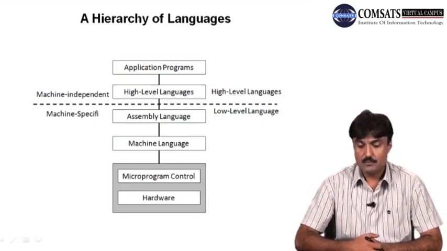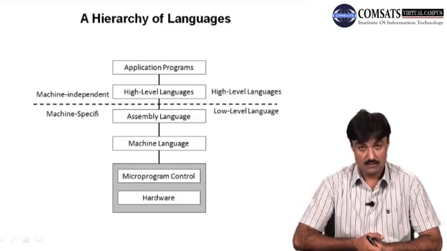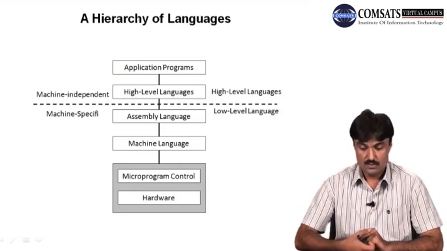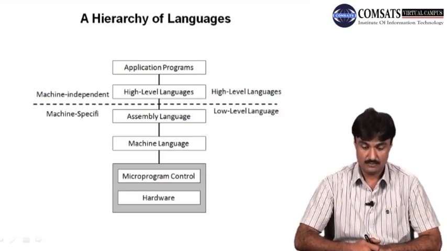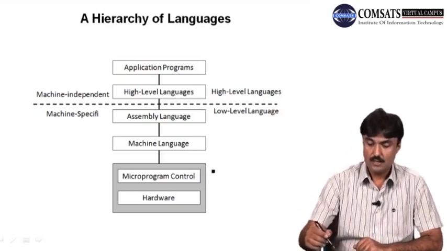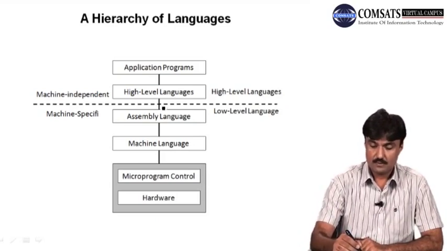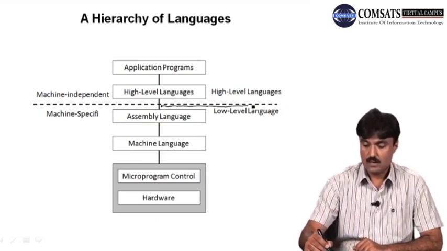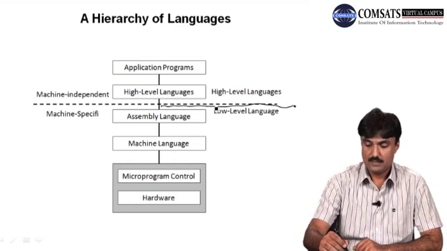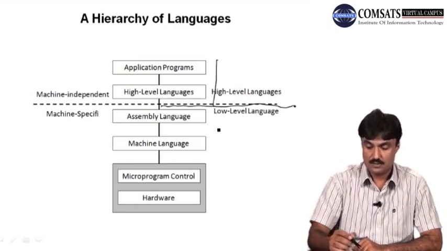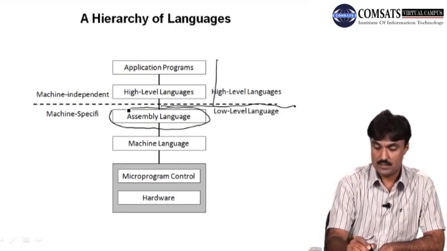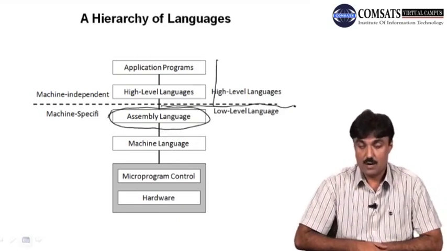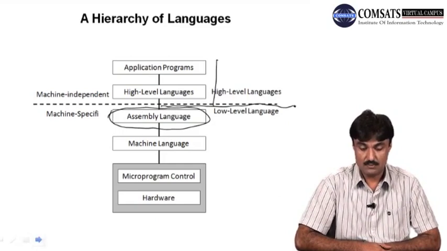The programs written in high-level languages are translated into assembly language, or maybe directly into machine language. We are not concerned with what is happening above, because now we will consider assembly language: what it is, and how we can program a system in assembly language.